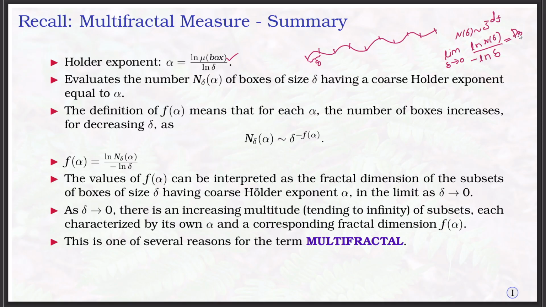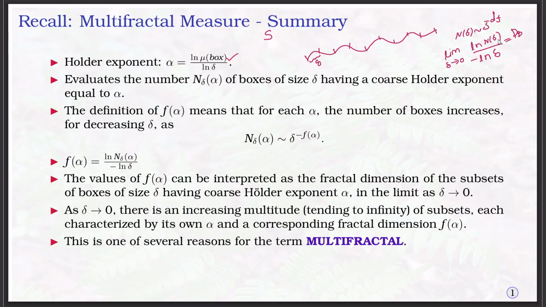So, here now if we have the delta size boxes, these boxes divide this object. So, it forms a cover of a set, we can call it the set S. Now, here we simply count N of delta, denoting the number of boxes required to cover this object.